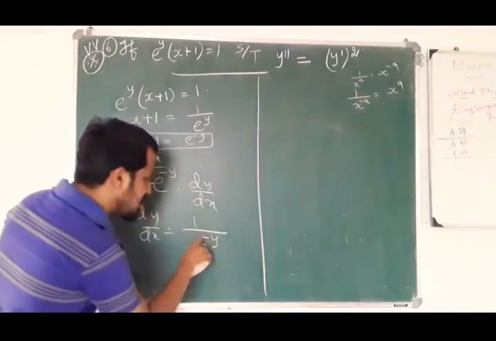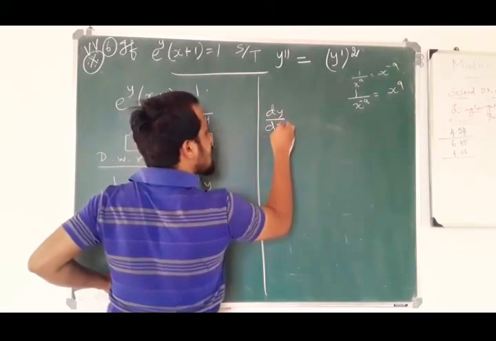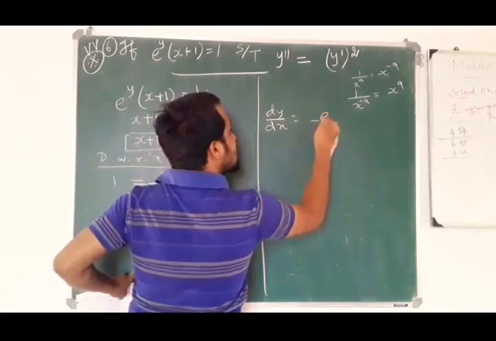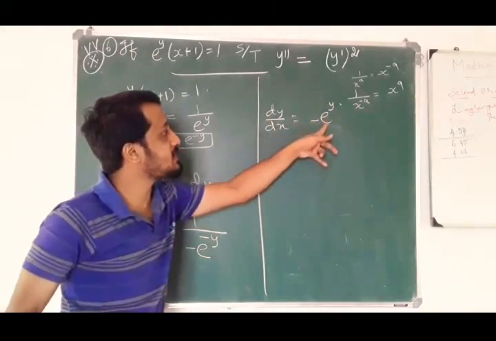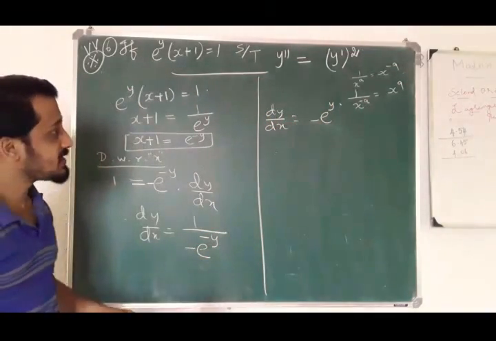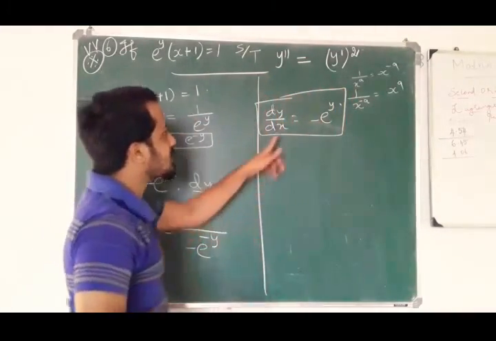So here, with -y, dy/dx = -e^y. Yes or no? So dy/dx is nothing but -e^y. Now we got dy/dx.